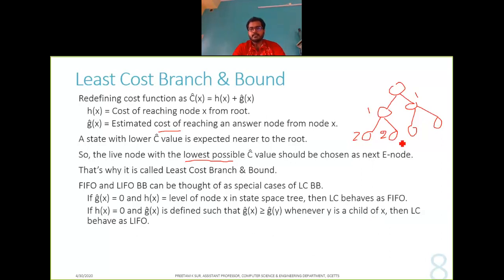Suppose this is y and this is x. g cap x gives me the estimate of how far the node is from the answer node. So the value of g cap x will always be greater than or equal to g cap y, because y is the child and g cap x is the parent.